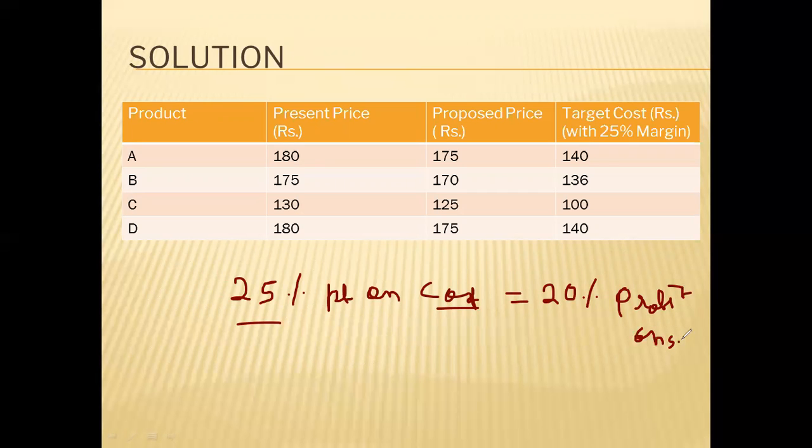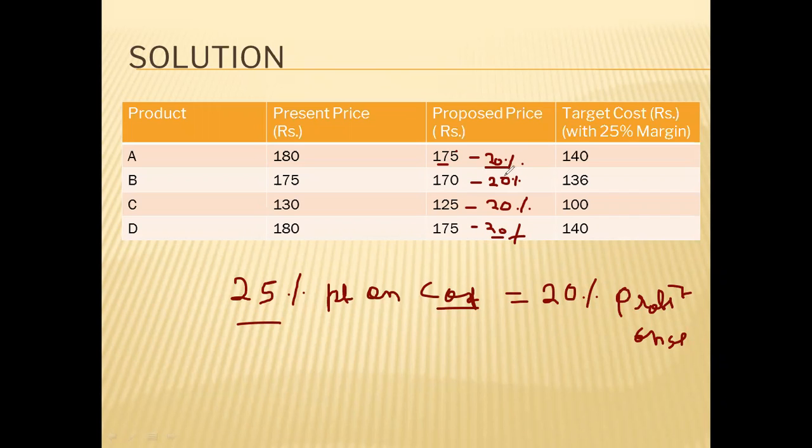So if you reduce 20% from the proposed selling price, the desired selling price, you will get the target cost. Calculate and see, you will get the target cost, because this is selling price, so the percentage should also be profit on the selling price only.